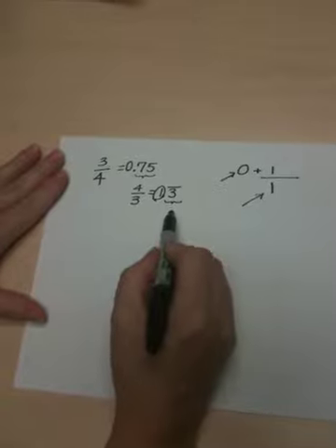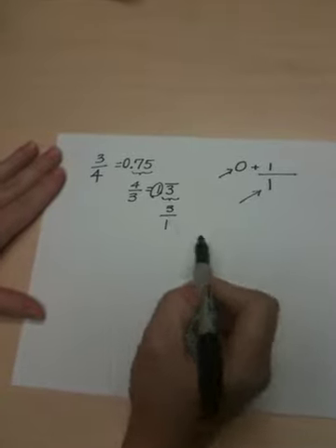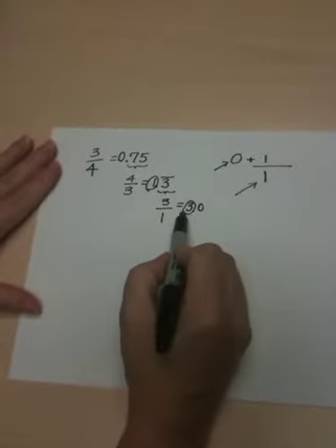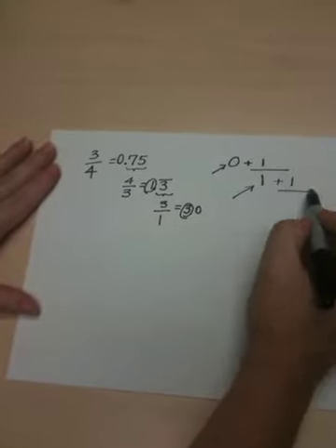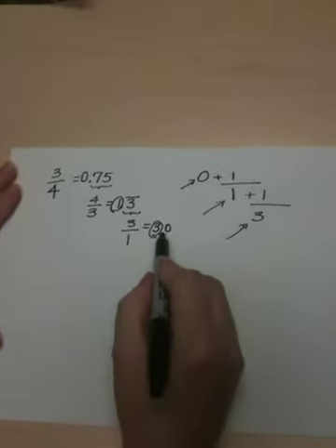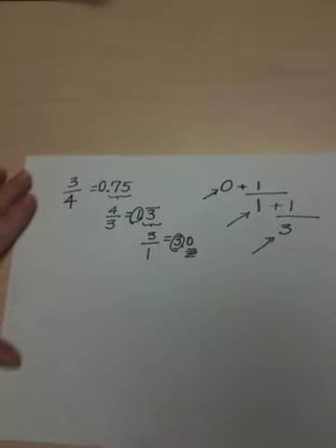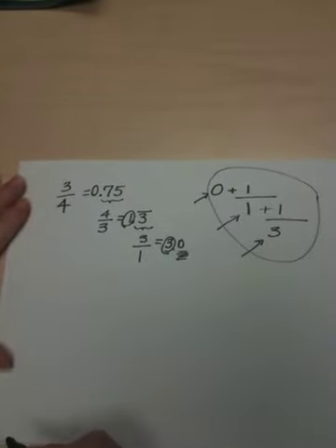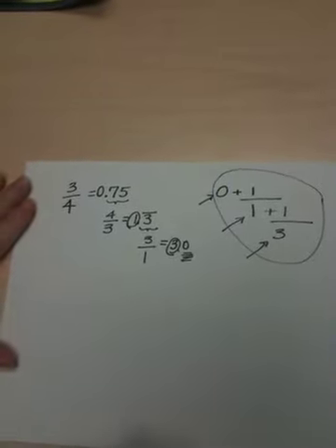So this 1/3 becomes 3/1. That's equivalent to this in a decimal. And again I peel off the whole number and it becomes the next A sub n. And then there's no remainder, so I'm done. So this is the continued fraction representation for 3/4.